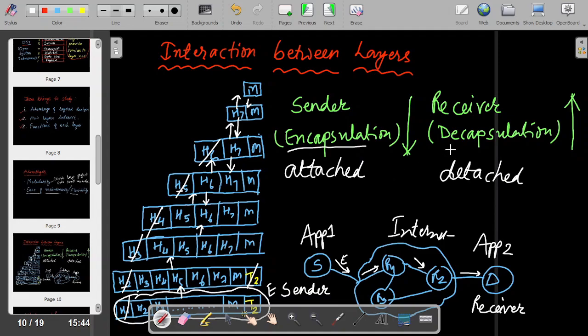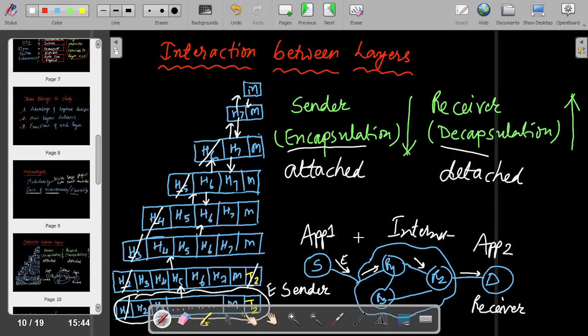As we go from bottom to top, decapsulation or detachment occurs. And why are headers added? The reason is that every layer has certain functionalities. It is offering certain services. So to implement those services, a header is added to the original message which is received from the higher layer.